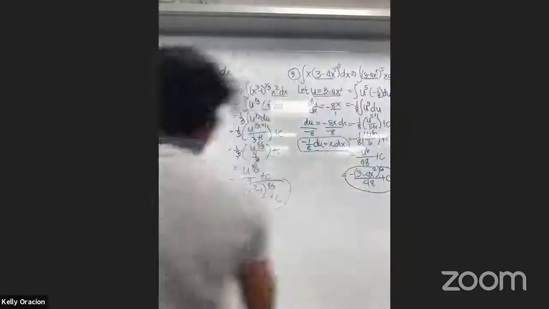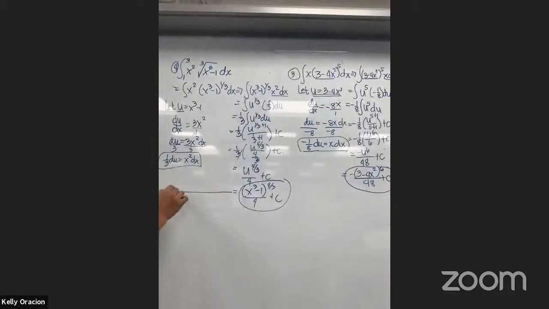So now, let's solve. You have x cubed minus 1 to the 4 over 3, over 4. The upper limit is 3. The lower limit is 1.